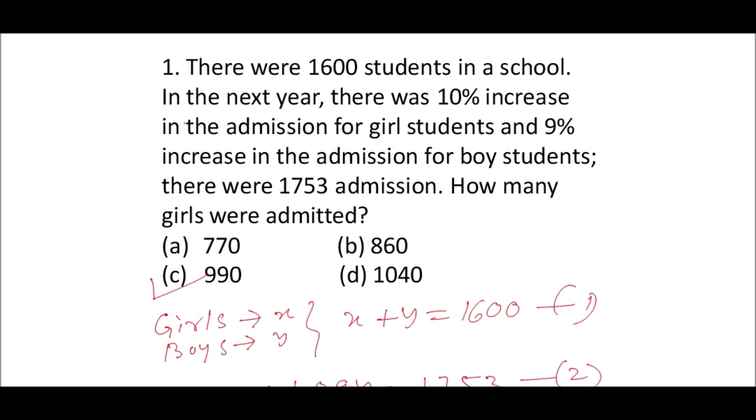Therefore, for boys we are taking 1% less, and due to 1% less, you get 7 admissions less. Therefore, 1% of boys is equal to 7, so 100% of boys is equal to 700. As boys are 700, girls are 900, and therefore a 10% increment gives 990. So you can do it mentally also.